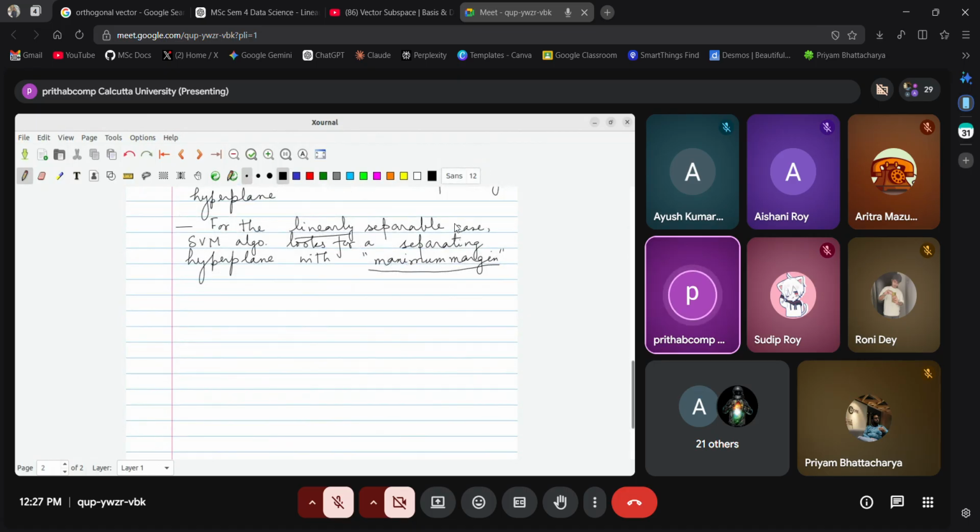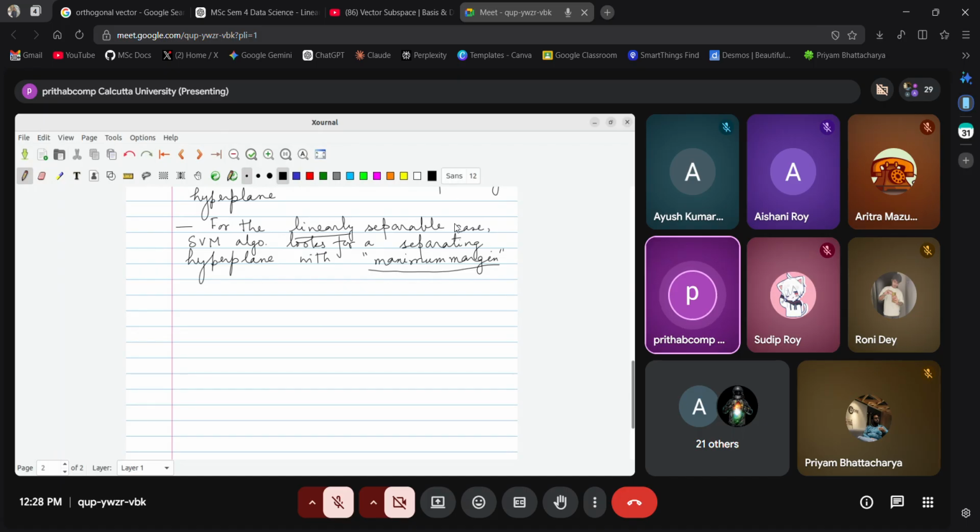So from this statement, probably you can see that we are going to formulate a maximization problem, similar to how we have done for PCA. Another one we have done, linear regression, right?